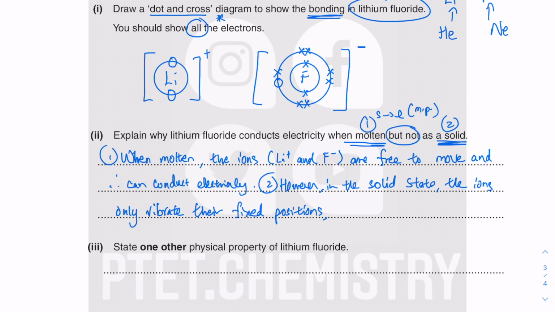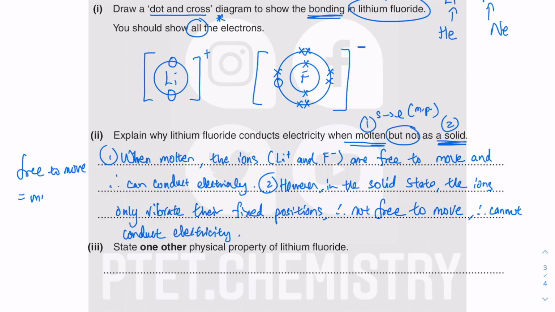And if they are not free to move, that means they are not mobile, therefore cannot conduct electricity. Alright, so to conduct electricity, you need the ions to be freely moving. So free to move is the same as mobile. So you use the ions, not the electrons. The ions are mobile, the ions are free to move.